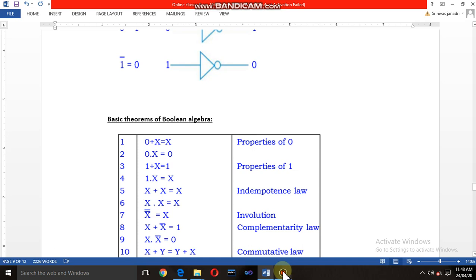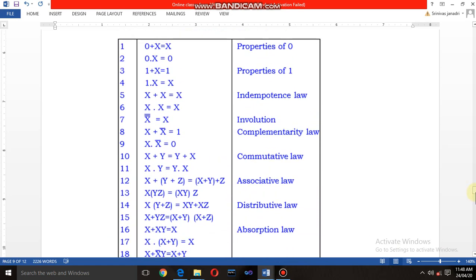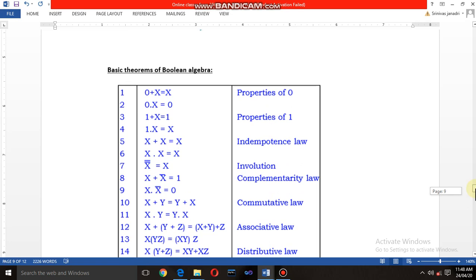Among the basic theorems we have different types like properties of 0, properties of 1, idempotence law, involution, complementarity law, commutative, associative law, distributive and absorption law, where these individual laws contain one or more postulates. These postulates are also basic laws.